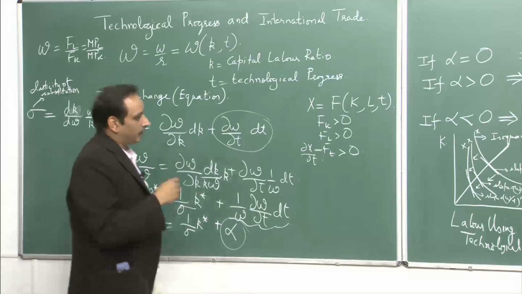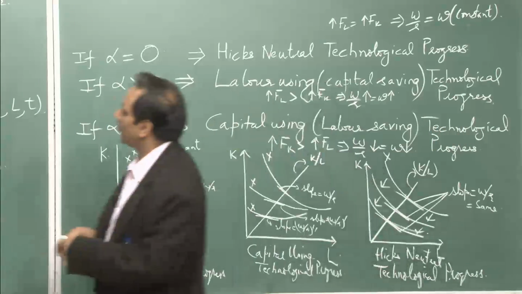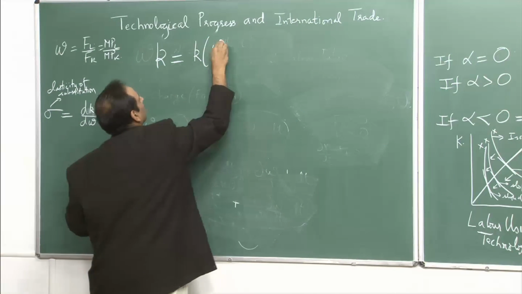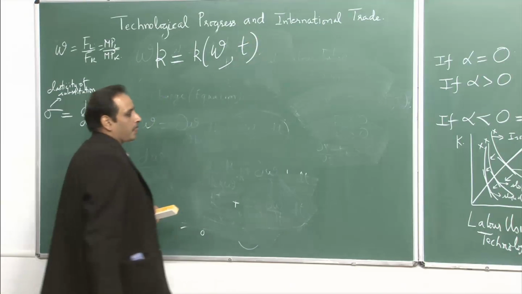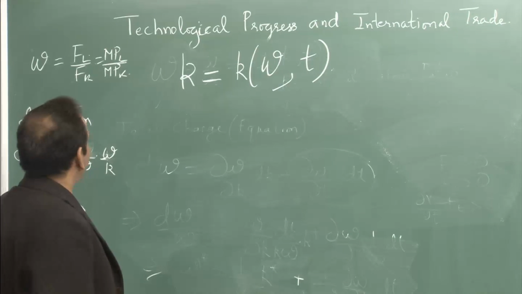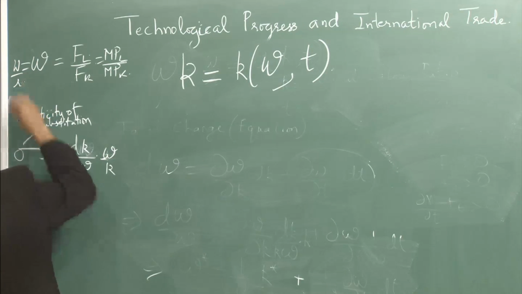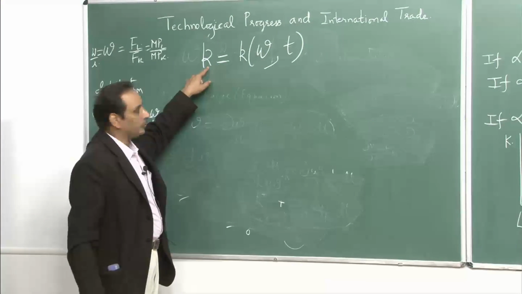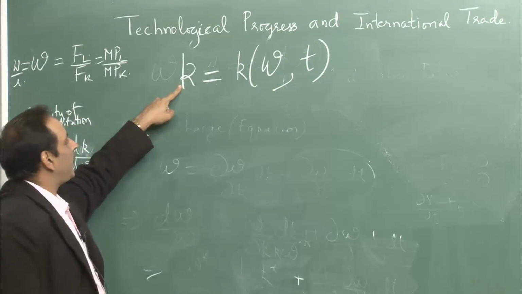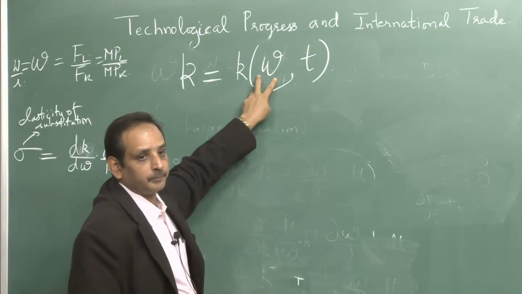Now, let us define technological progress in another way, wherein you write the capital labor ratio as a function of omega and technology. So, if the W by R ratio, which is omega, changes, that tends to change the capital labor ratio, and technological progress also tends to have an impact on the capital labor ratio, keeping the W by R ratio the same.